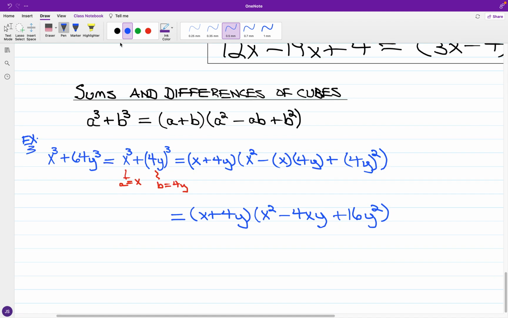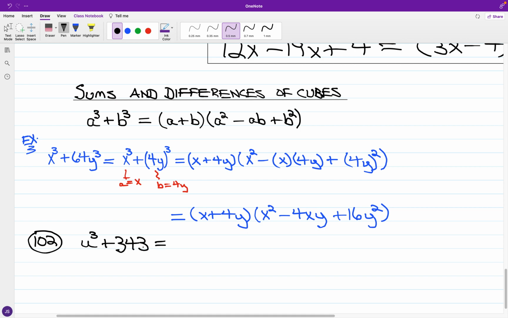And now from the group of problems in reference to the sum of cubes. For number 102, we got u to the third plus 343.